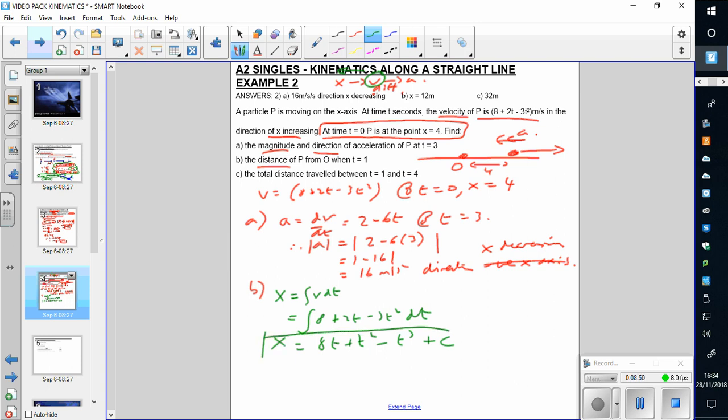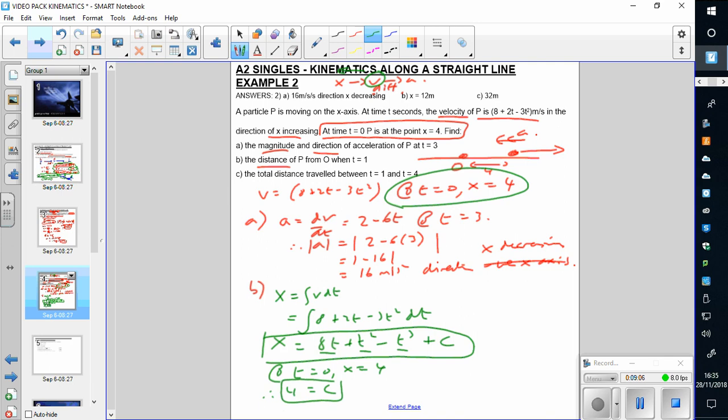So you know how to integrate, so that's why I'm going quite quick. How do we find that c? Well, that's where our initial conditions come in. So at t is 0, x is 4. So if I plug that in, x is 4, t is 0, 0, 0, c. So c must be 4. Therefore, the displacement curve is 8t plus t squared minus t cubed plus 4.